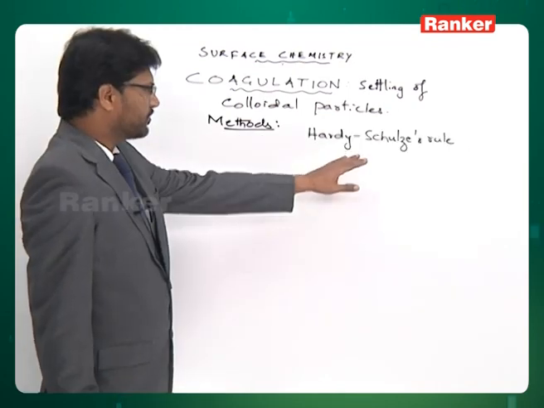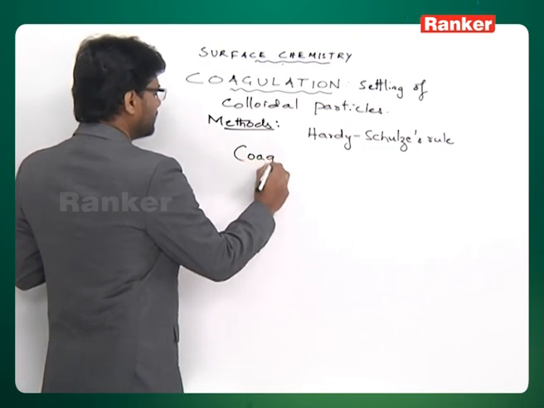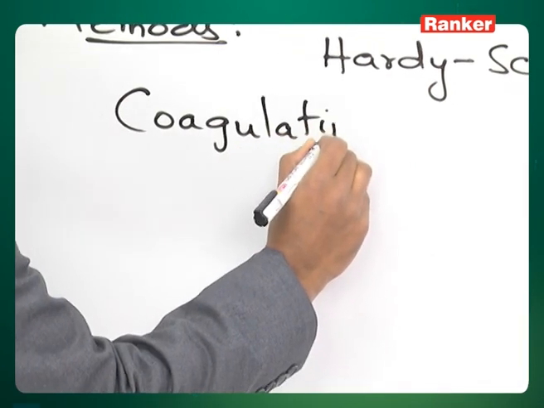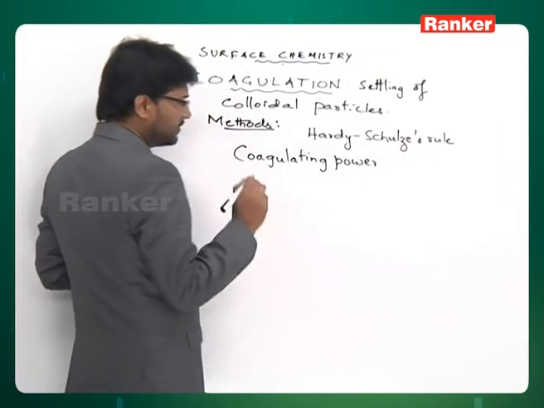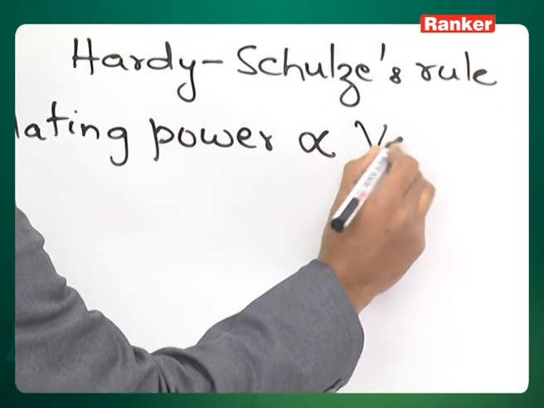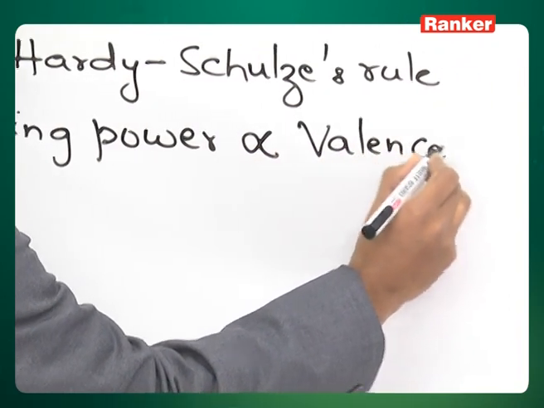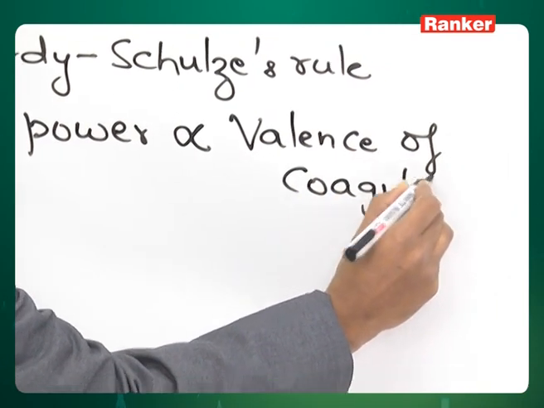It says that coagulating power is proportional to the valence of the coagulating ion.